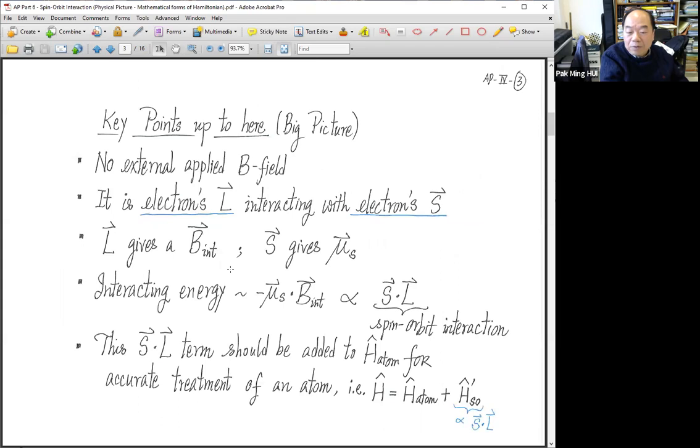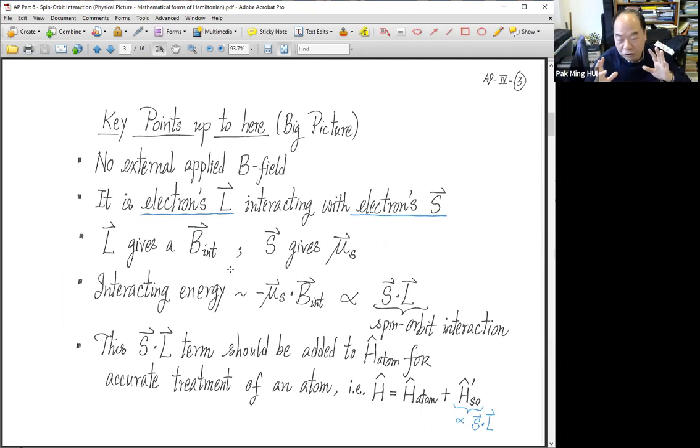So the key points up to here before I stop for a break are the following. First thing, we are not talking about an external applied field. We don't need a magnet. There is an internal magnetic field, okay, generated by the motion of the electron.